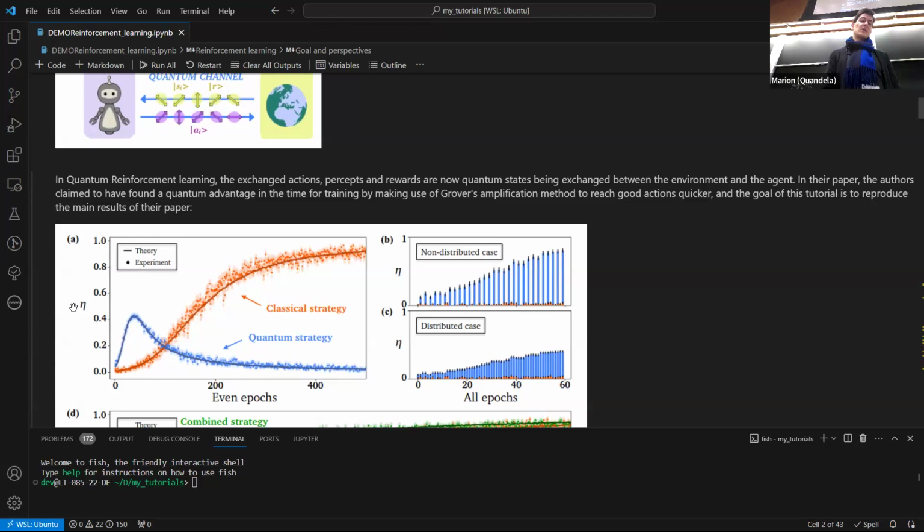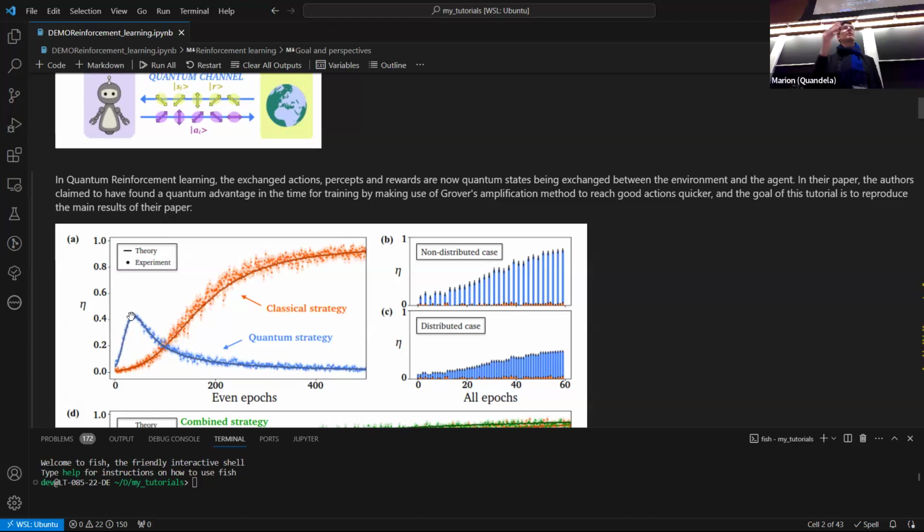And then on the y-axis, you have the cumulative reward, which tells you how good you are doing the reinforcement learning. And you see an interesting behavior: quantumly, you learn much faster. So you manage to pick up the right states that you want to keep doing, much faster than the classical strategy. But then afterwards, you see that you have a drop and you're actually doing something very weird, and you lose what you've learned before. And basically that's because you were doing Grover search, and at some point you have some sort of over-amplification.